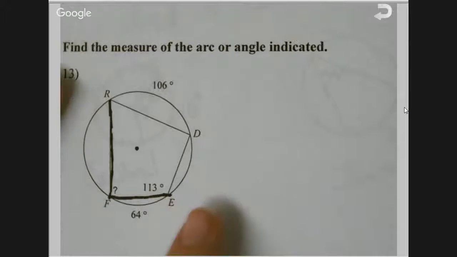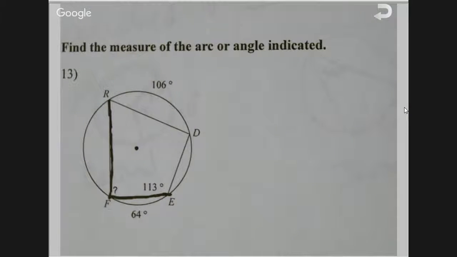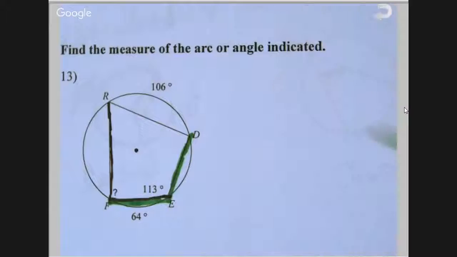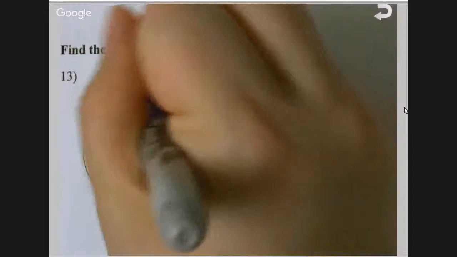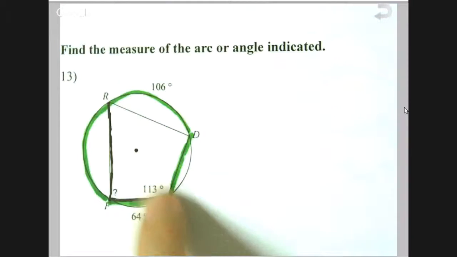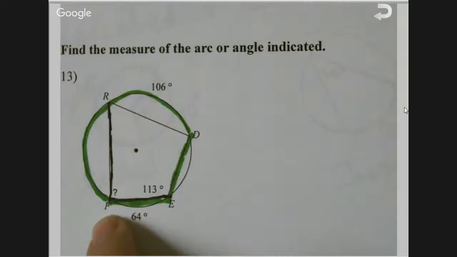If I know that this is 113, I know what this side is, right? Because I'm going to switch colors. This projects onto this arc. Well, if this is 113, what is this green arc? 226.